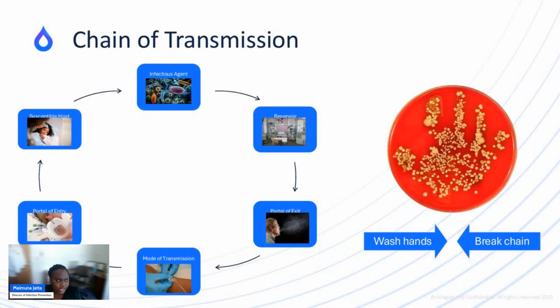So looking at the chain of transmission, starting with the infectious agent, this could be any of our microorganisms that are known to cause infections in humans, like bacteria, viruses, and fungi. An example of this could be C. diff. We all know spore-forming organisms that are so resistant and persistent in the environment and difficult to break.